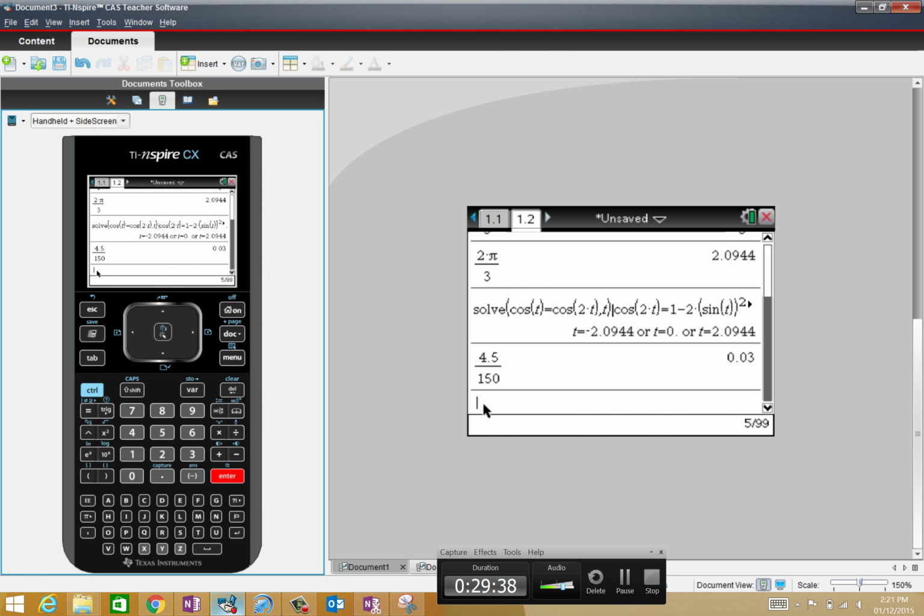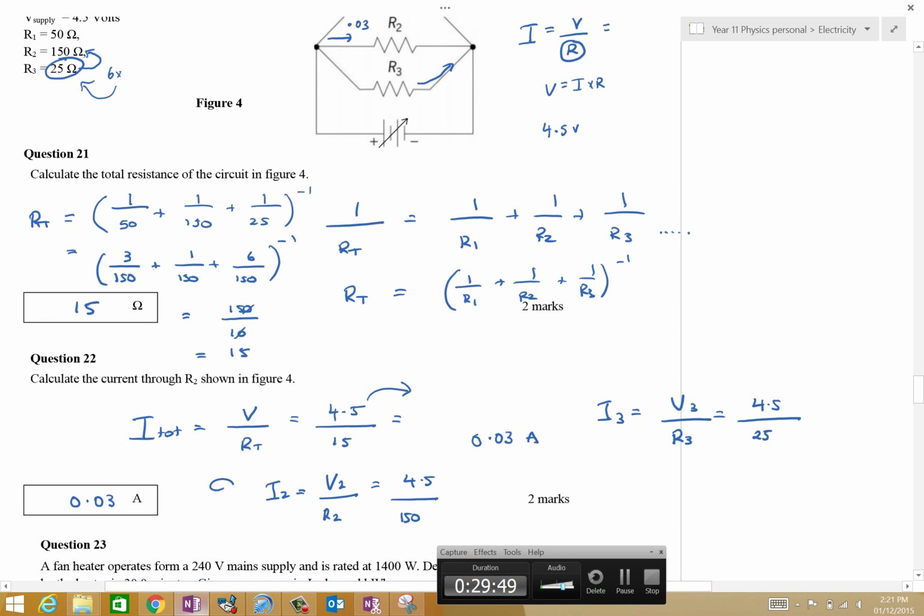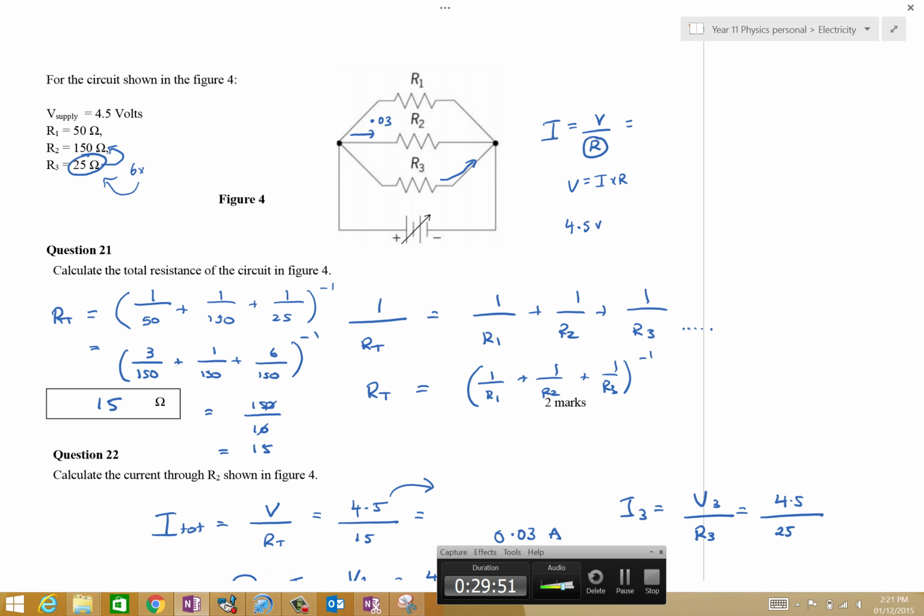And if I do that in my calculator, 0.18. So we can see here that 0.18, or 6 times, 0.18 amps is going through there.